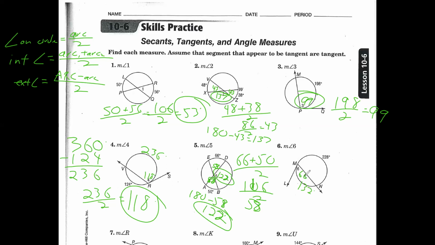Any questions on those top 6? Wait, how did you do the last one? So first thing I did was 360 minus 228. That gave me the 132. Then I took the 132 and divided it in half. That gave me the 66.